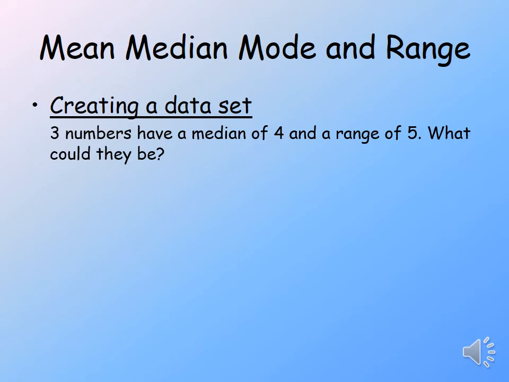What could they be? You will obviously be told how many answers to write. I think I chose 3 variations. Remember the key information here is that the median, the middle item, has to be 4, and the difference between the largest and the smallest value must be 5. Again, I'll leave this up for 5 seconds and then reveal the answer.